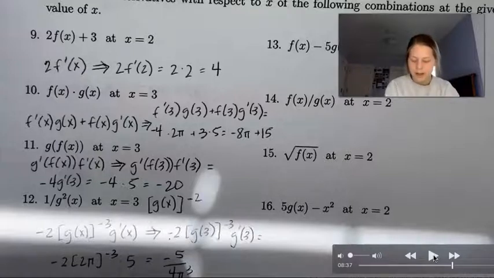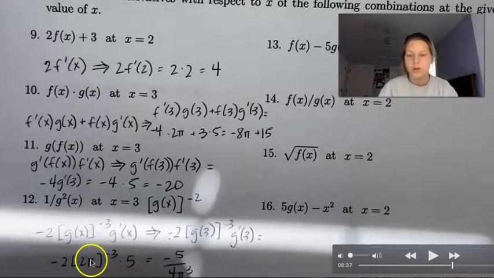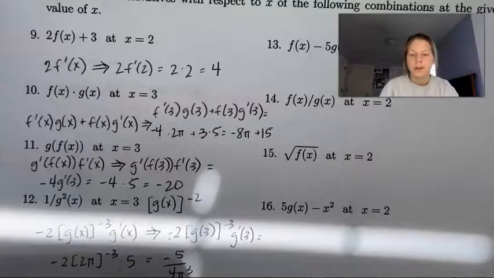If it's a little confusing how we get there, the 2 pi cubed will move to the denominator since it's a negative exponent. And so the answer that we simplified to -5 over 4 pi cubed was -2 times 5 over 8 pi cubed. And then when you cancel out the 2 and the 8, you get -5 over 4 pi cubed.